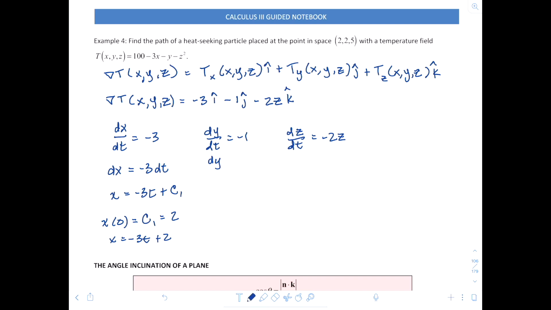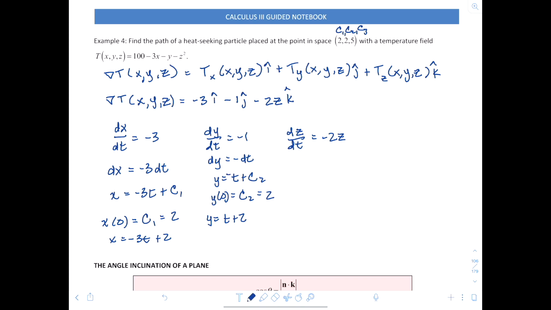Similarly, we'd have dy is equal to -dt, and then y would be -t plus, call it constant c2. Well, y at 0 would be equal to c2, which would equal 2. So these are like our c1, c2, and c3. So it follows that y would equal -t plus 2.